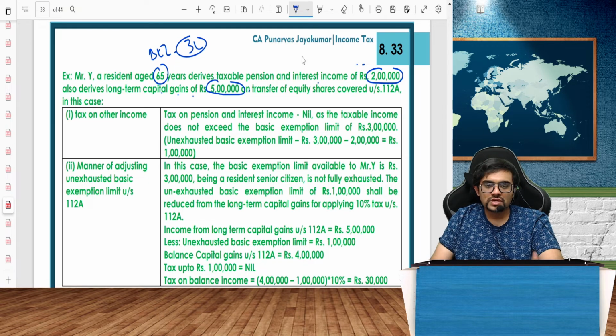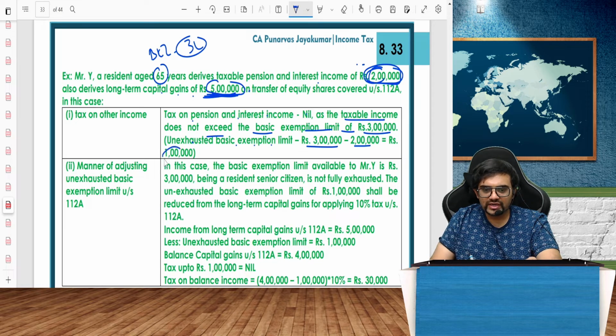No. For capital gains, you will not get the basic exemption limit. You can only claim basic exemption up to 2 lakhs. So tax on pension and other income is nil, as the taxable income does not exceed the basic exemption limit. Unexhausted basic exemption limit is 3 lakh minus 2 lakh, overall 1 lakh.